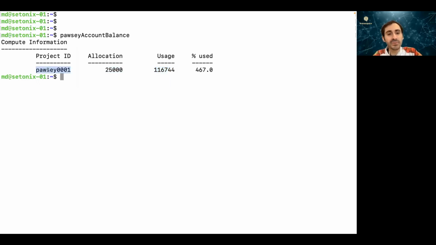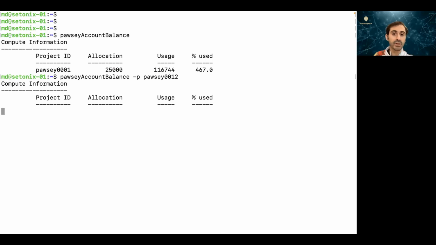So you got the default project, the allocation, and the usage. If you have multiple projects, you can use the -p option, lowercase p, and provide a different project ID to get information for that other project. In this case, this is an allocation we use here for testing and benchmarking and user support. It's much larger.